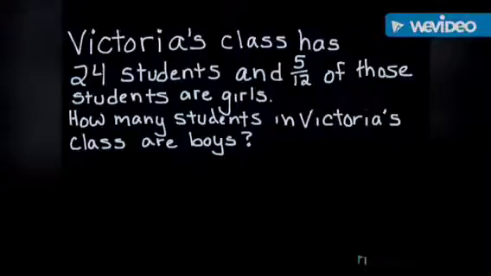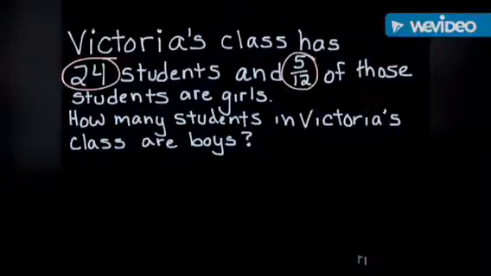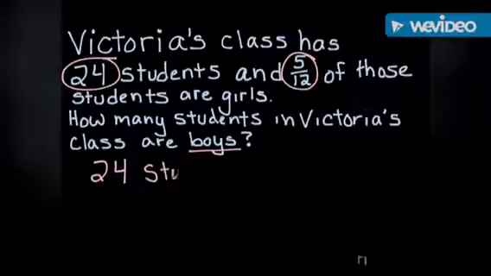Victoria's class has 24 students, and 5/12 of those students are girls. How many students in Victoria's class are boys? First, I need to understand the problem. So we're talking about a class that has 24 students in all.